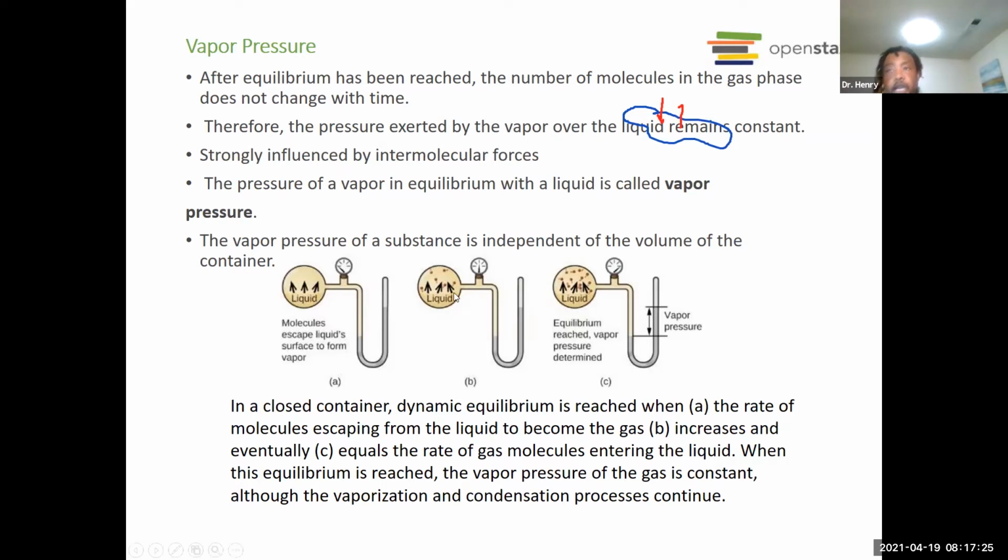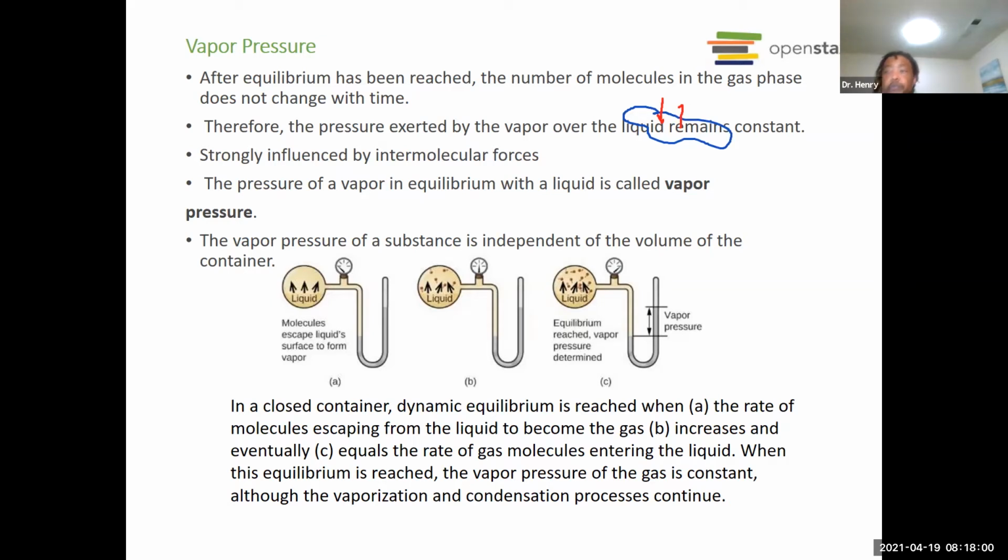Over time, as we let that liquid sit, it's going to reach equilibrium. And you're going to notice that the pressure inside the container is going to increase because it's getting a chance to become in equilibrium. And then eventually it's going to reach its ideal point of equilibrium, and then you'd be able to determine the pressure. So when you're no longer noticing any changes, that's when you have reached equilibrium and you're able to analyze your pressure at that point.